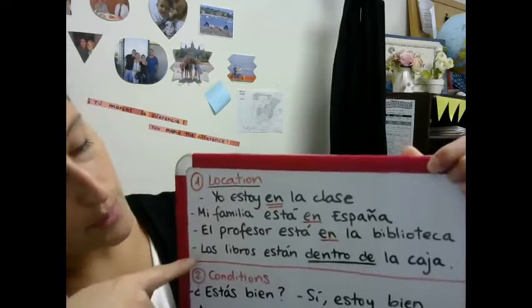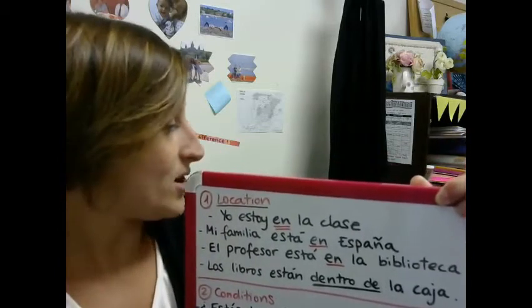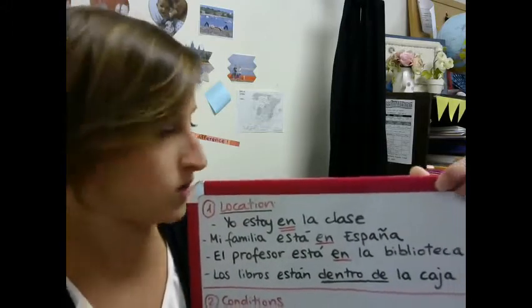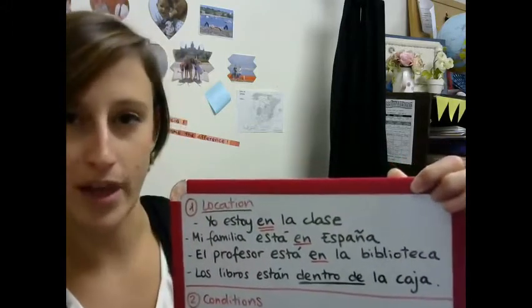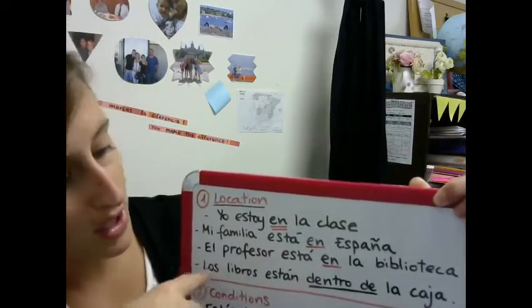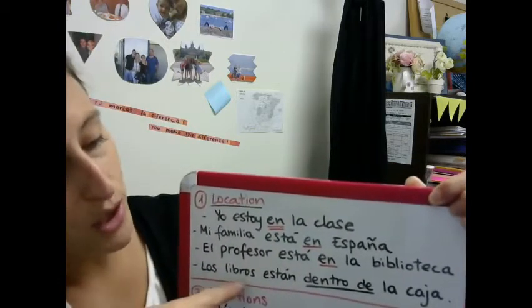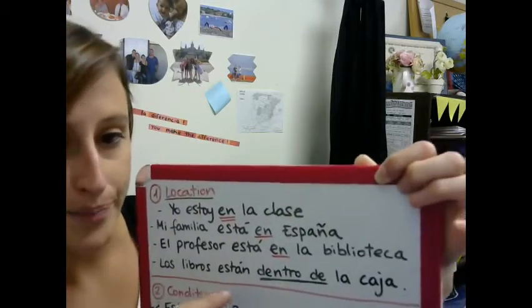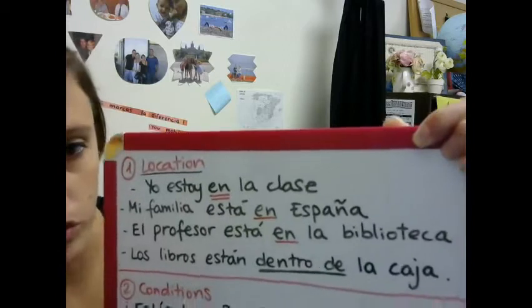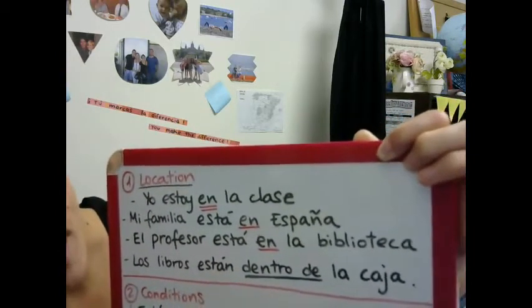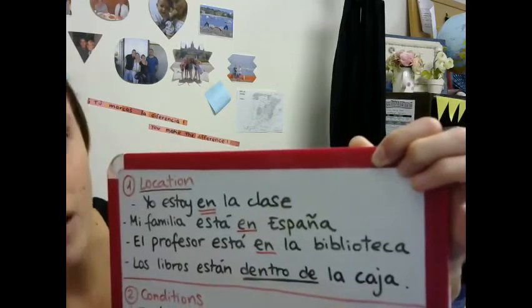The last one is a little bit different. I don't think we're going to cover prepositions, I will check that later. But if you have prepositions, it's different: los libros están dentro de la caja, inside the box.